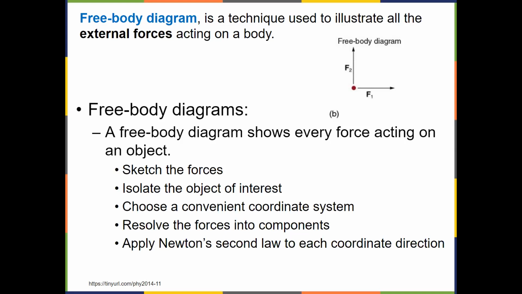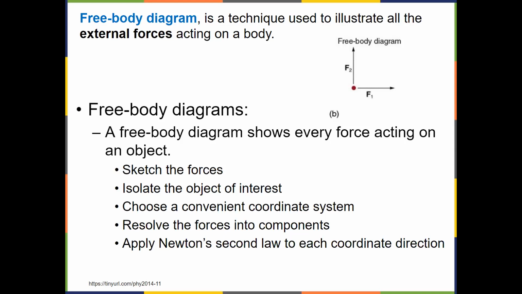All right. Once you have that, you can resolve your forces into components. If you are doing vector addition, you can do the component method: figure out the X and Y components and then add them up. And the last step here will be applying the second law to each coordinate direction.